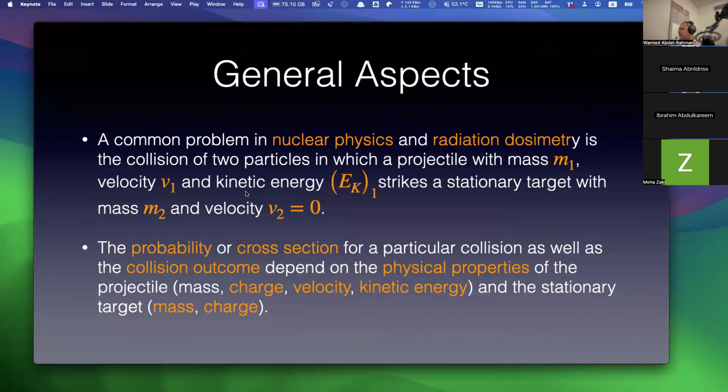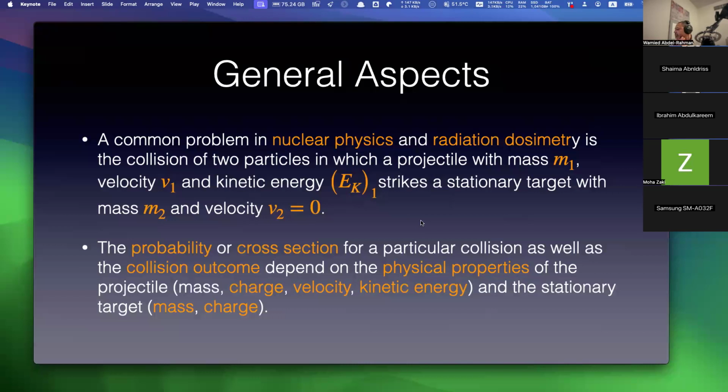And this particle is going to strike or hit a stationary target. The target, by this definition, has velocity 0, and it has a different mass than the projectile particle. So this is the general aspect.